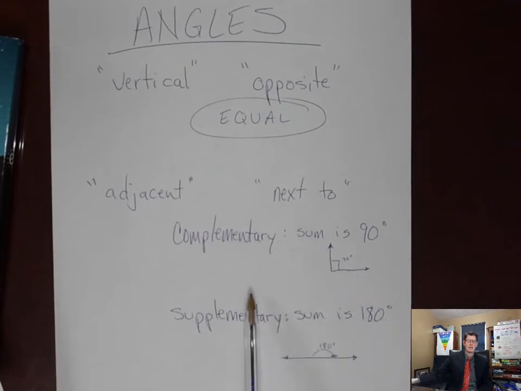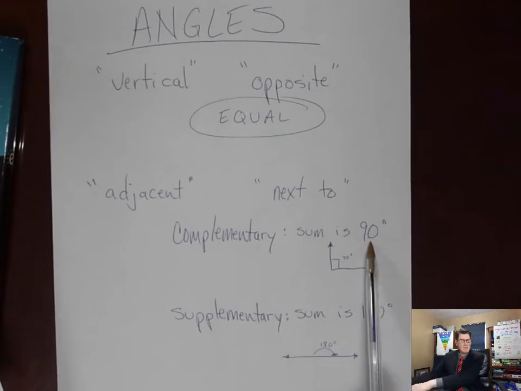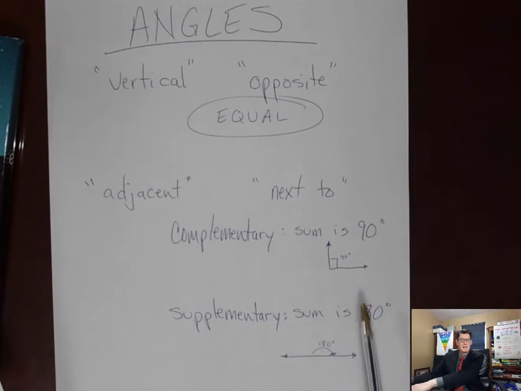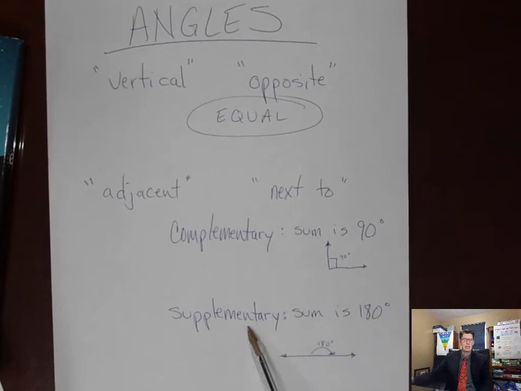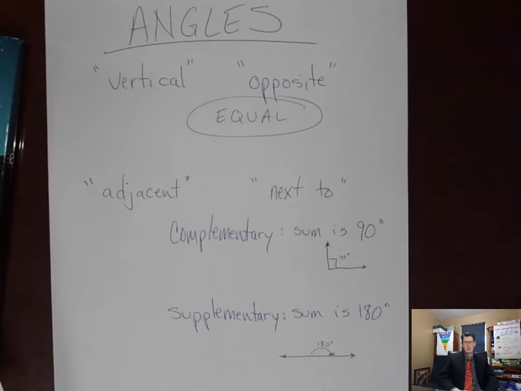They could add up to 90. They could add up to something completely different, let's say 100. But if they add up to 90, they're called complementary. And if they add up to 180, they're called supplementary. Pause now and write down these notes, and then come back.